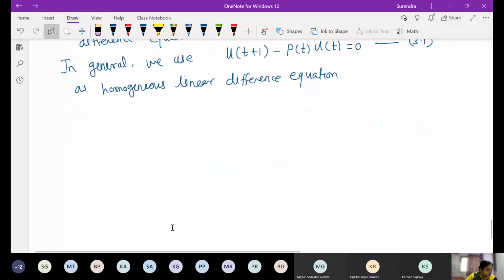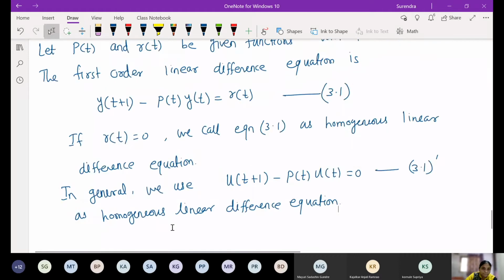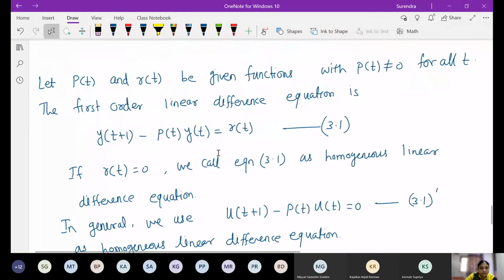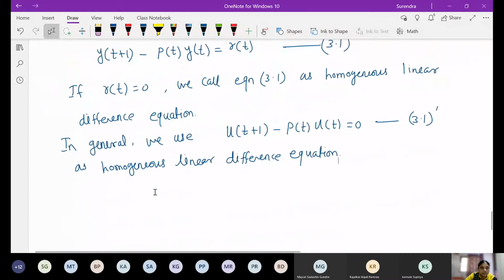Now, if p of t is equal to 0, what will happen? Then it won't be a difference equation.